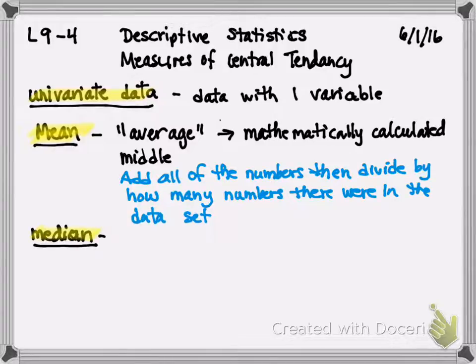So it also means average, but it's a different perspective on average. This one is asking for what's in the middle of your data. That's really what this one is all about, is what's in the middle.